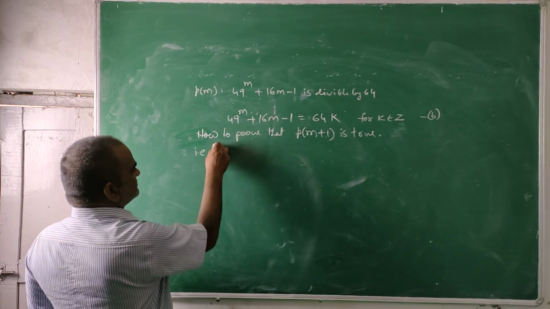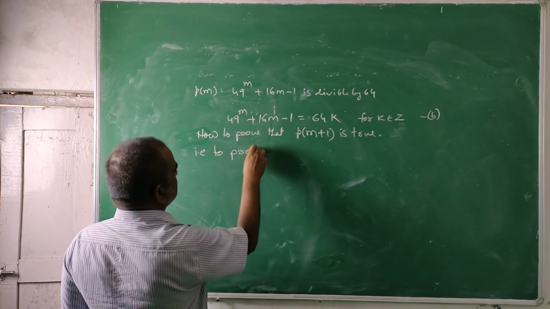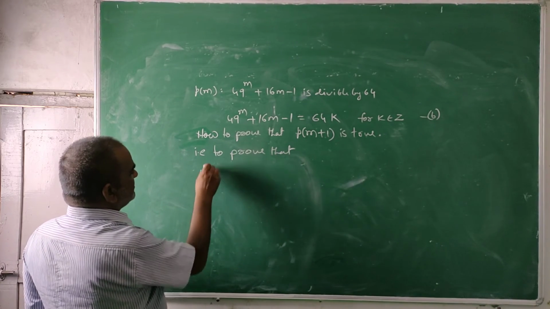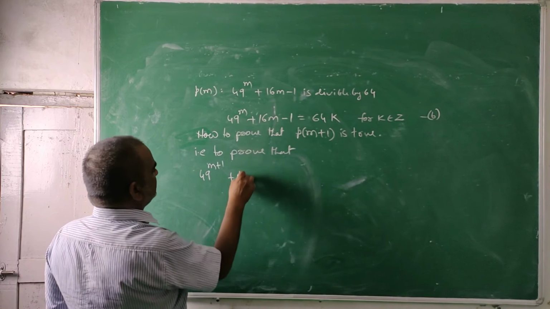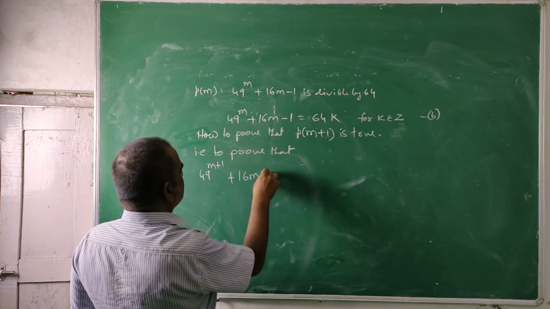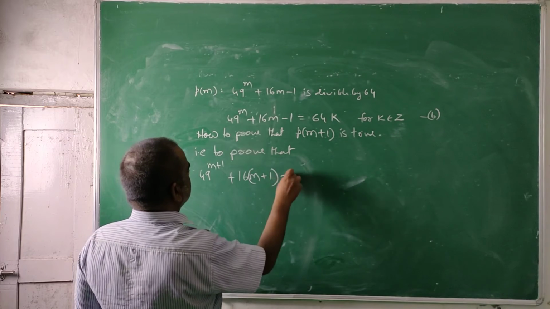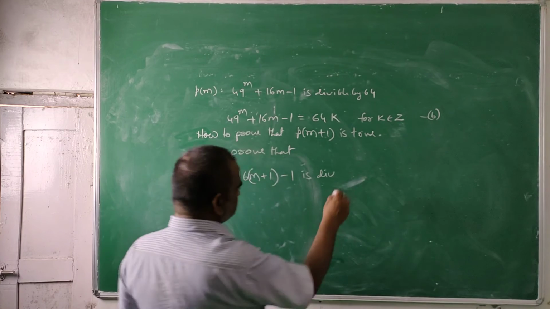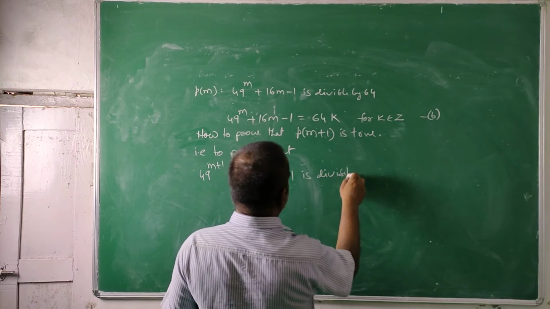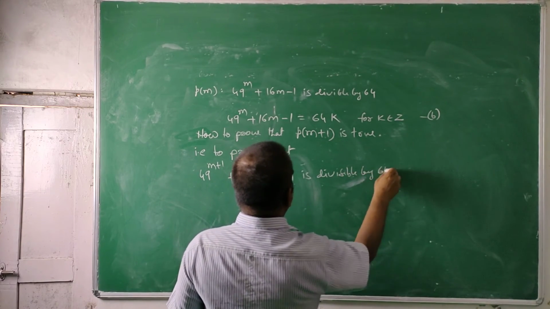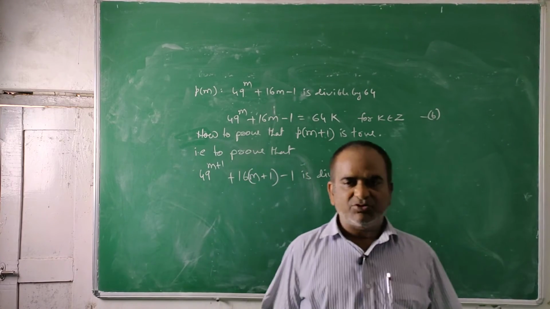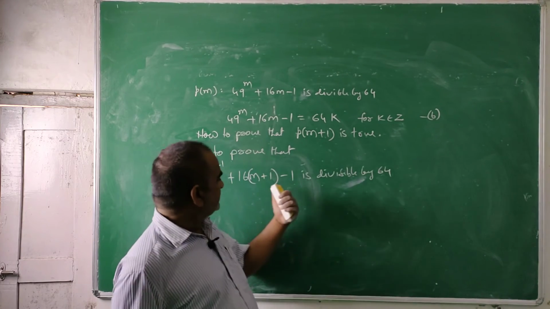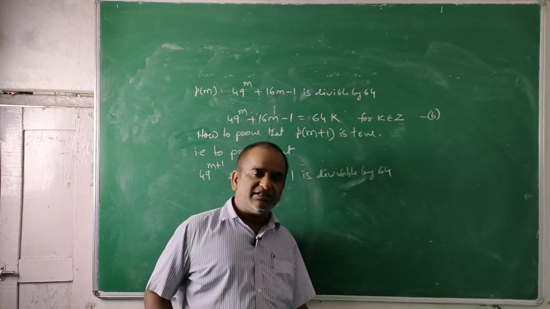That is to prove that 49 to the power of m plus 1 plus 16 into m plus 1 minus 1 is divisible by 64. This we are supposed to prove.